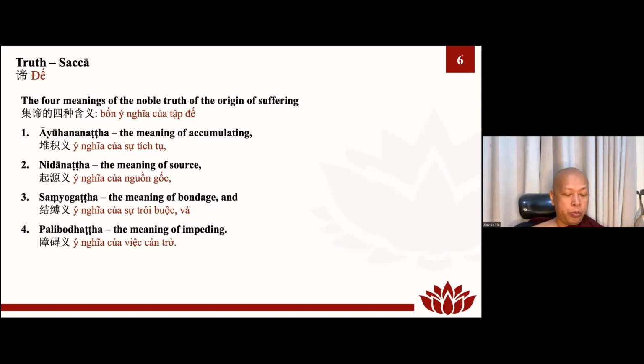Another thing is, for example, when we recall to remember something, this is just a very simple way of explanation. Just recall, good experience or bad experience. Then this also can be ayuhanata.